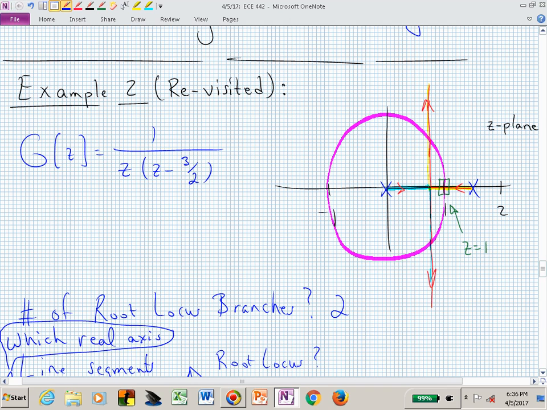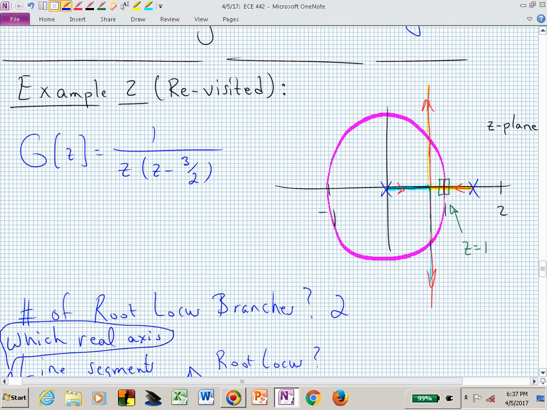I'm asking, how much can I crank up the gain k and still have my closed loop poles remain real? Do you see that if I crank up the gain k enough to make me break away from the real line, I'll no longer have real closed loop poles? So I'm asking, what's the sweet spot? What's the value of k to get me right to that point? I started at 0, increasing k, increasing k, increasing k, and then what happens? Well, that was actually a relative maximum value of k on the real line, and that's what I want to now compute. And how do I find relative maximums?